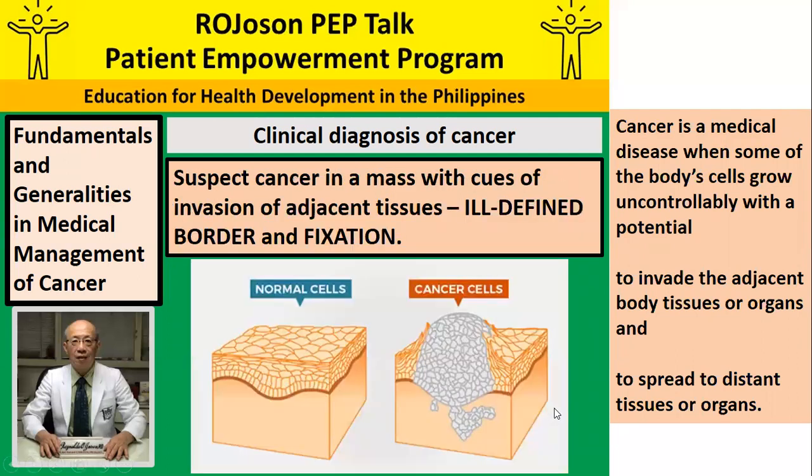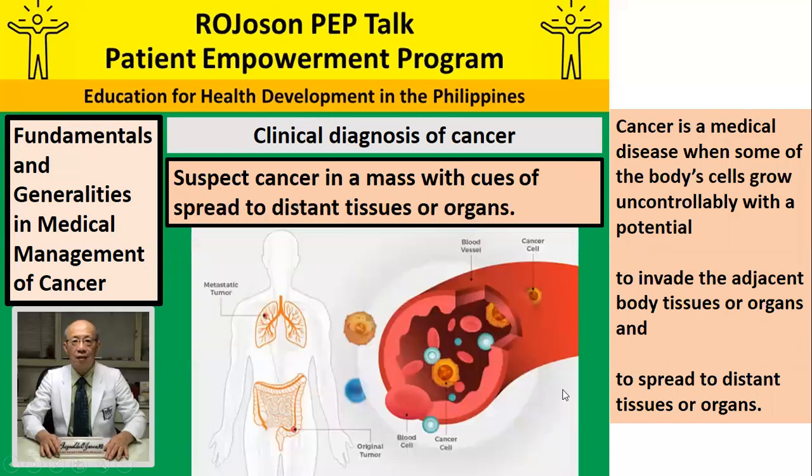So suspect cancer in a mass with evidence of invasion of adjacent tissues, as represented by the findings of ill-defined border and fixation. Suspect cancer in a mass with evidence of spread to distant tissues or organs.